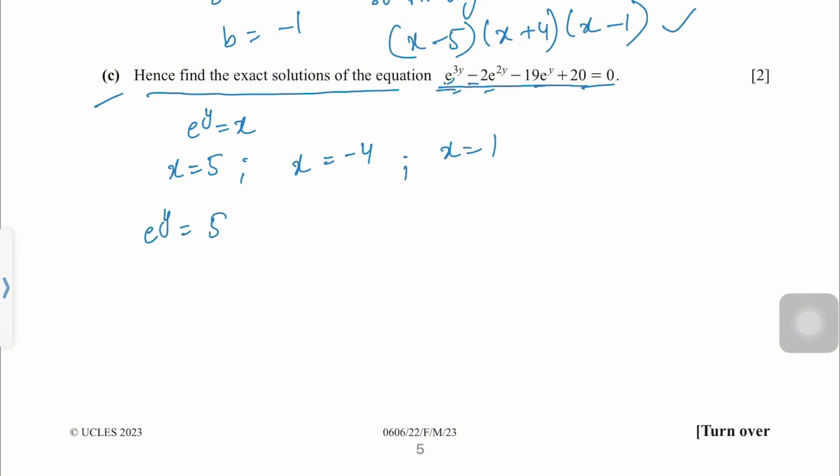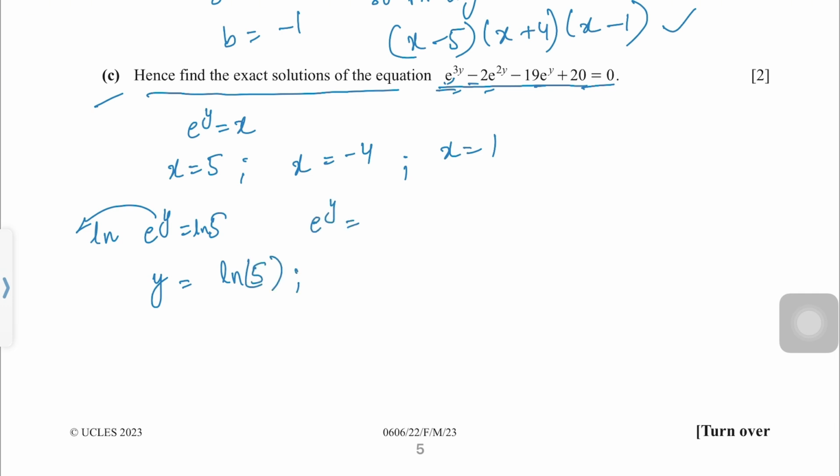e power y is 5. Now solving this by taking ln on both sides, ln e is 1, power will come here, so y is equal to ln 5.